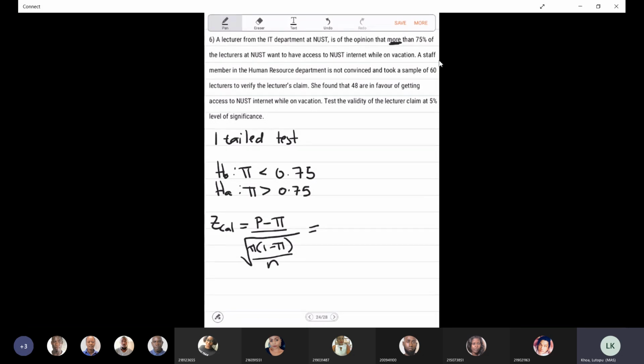So we just substitute. This is 48 over 60 minus 0.75. This is all divided by a big square root. My pi, this is 0.75. Then I say 1 minus 0.75. And then this is divided by n. N is the 60 over here.